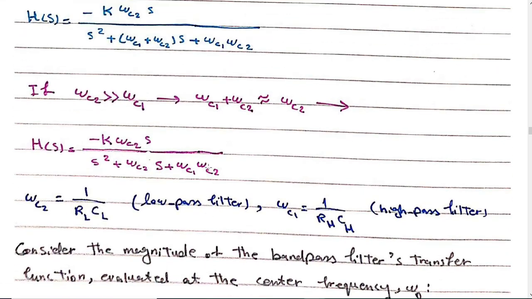The center frequency for a broadband filter, from the name, is the midpoint between two frequencies.